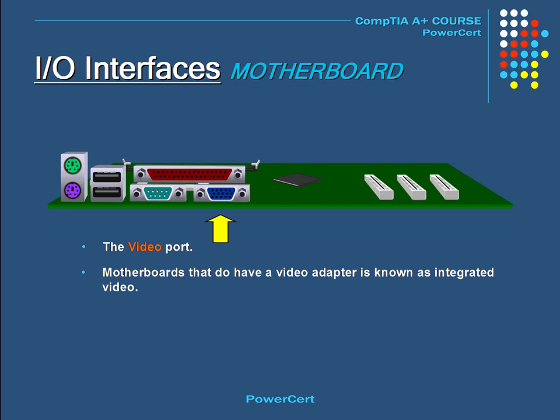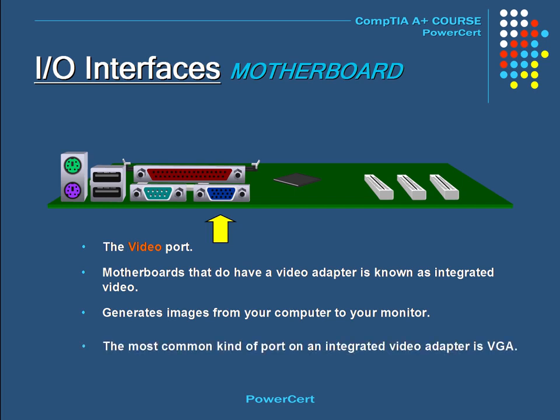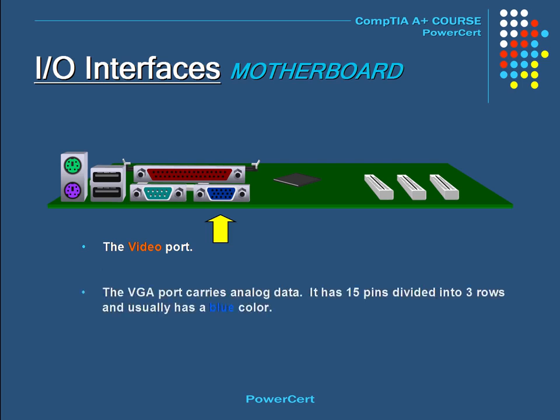The video adapter is what generates images from your computer to your monitor. The most common kind of port on an integrated video adapter is VGA, which stands for Video Graphics Array. The VGA port carries analog data, it has 15 pins, divided into 3 rows, and usually has a blue color.